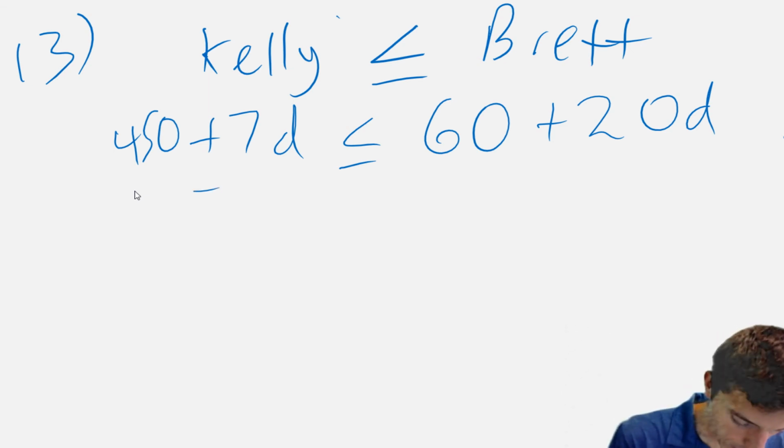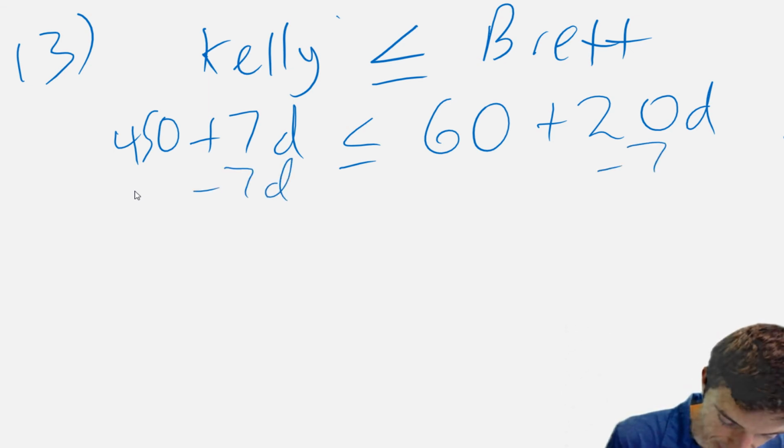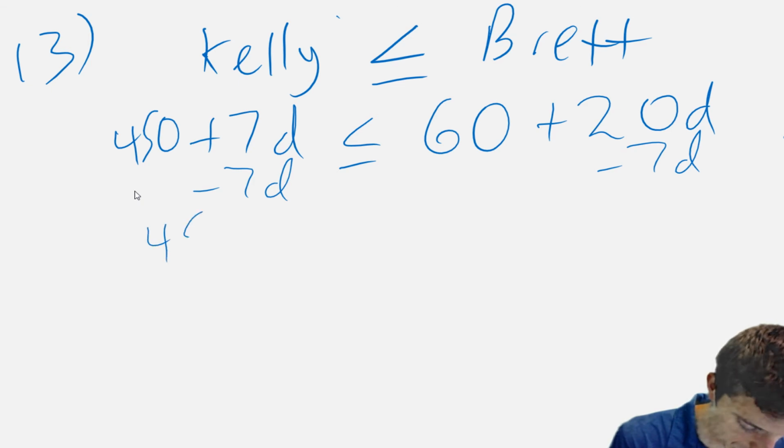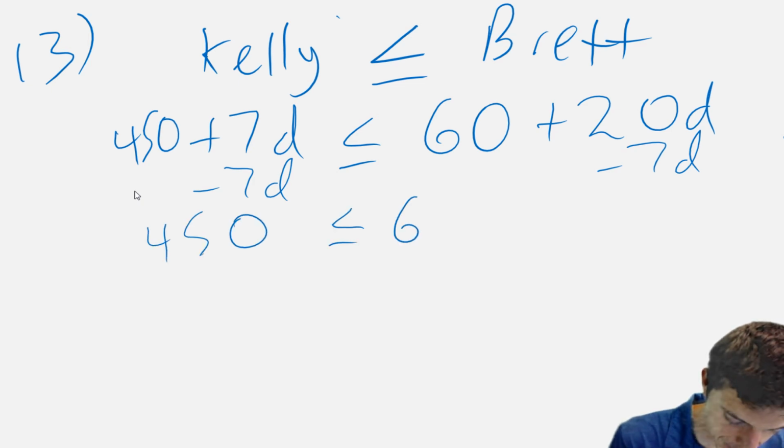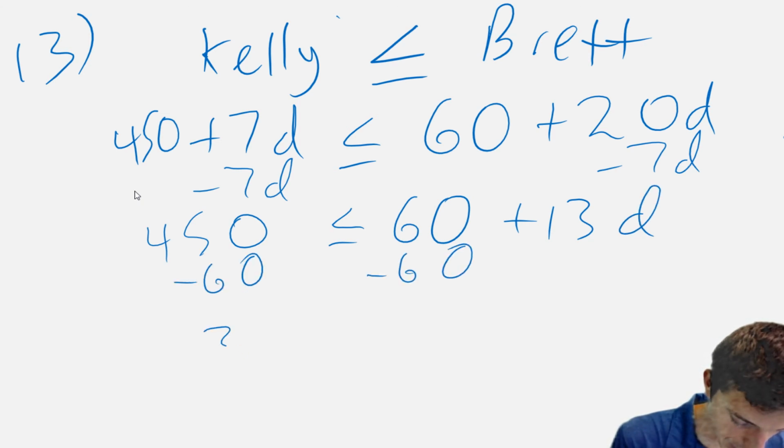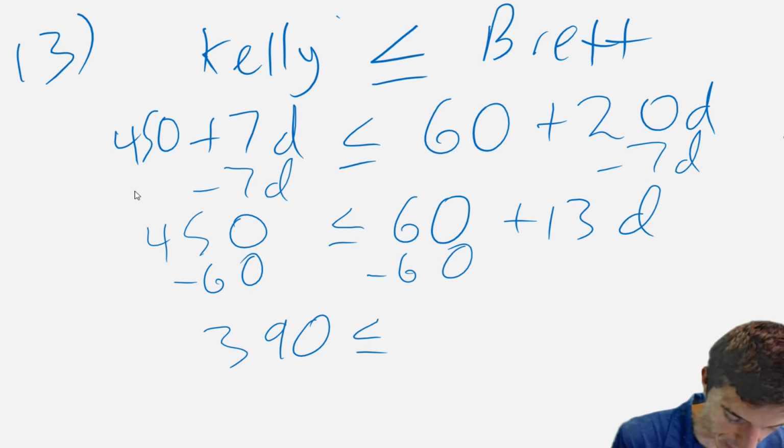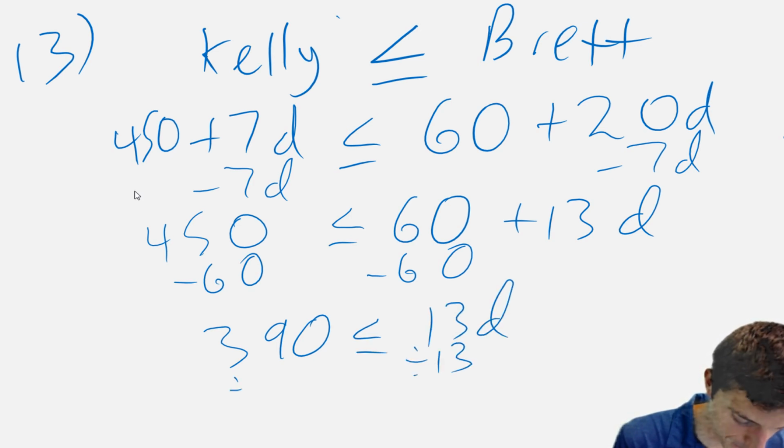So just like I'm solving equations, I got D's on each side, so I need to simplify that. I'm going to subtract 60 from both sides, and I get 390 is less than or equal to 13D. Divide both sides by 13. So I get D is greater than or equal to 30.